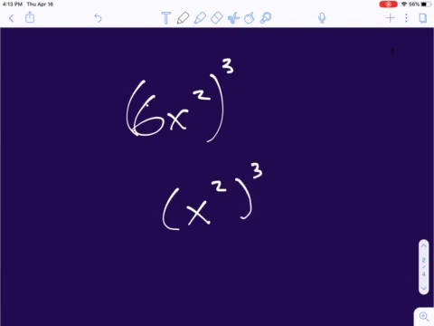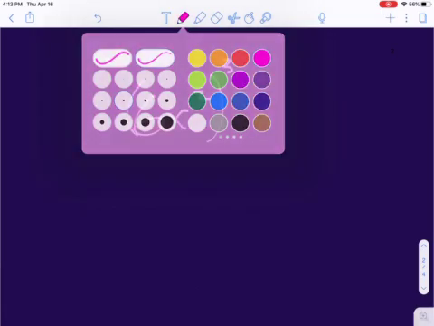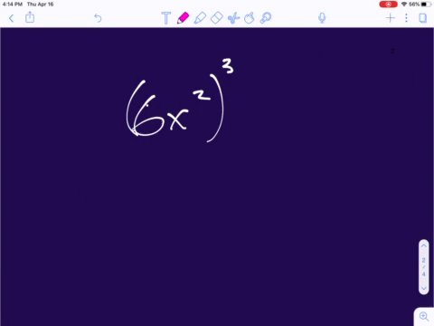Well, this is a little different because now we've got a monomial that contains a product this time. It's not just a variable or just a number. It's a variable and a number. So we have to look at how we deal with this.